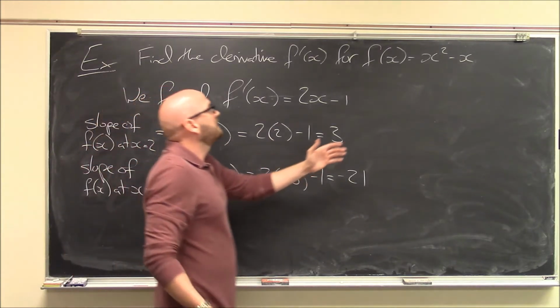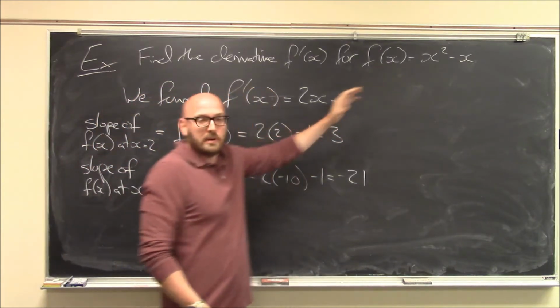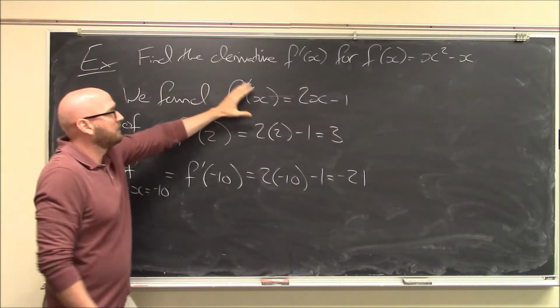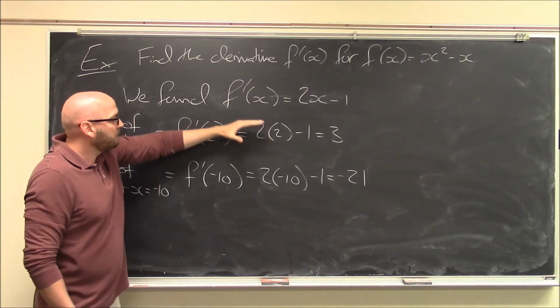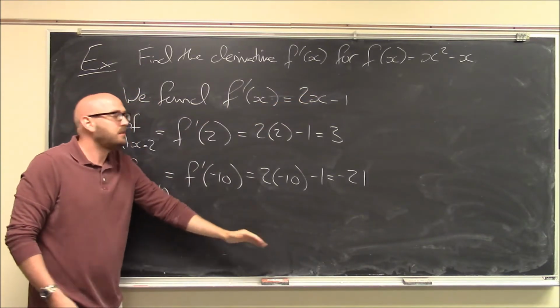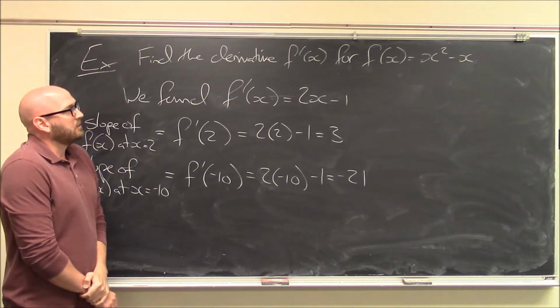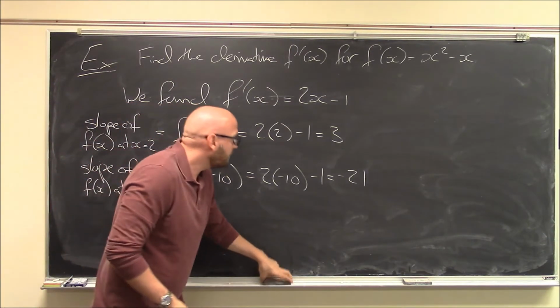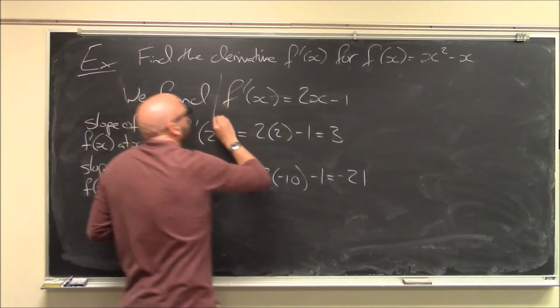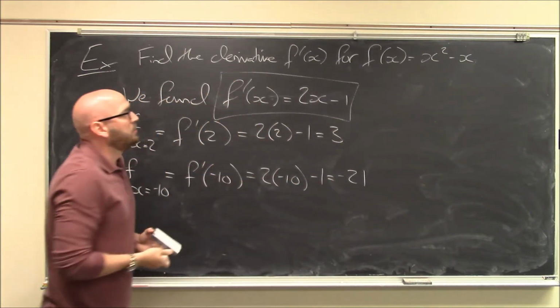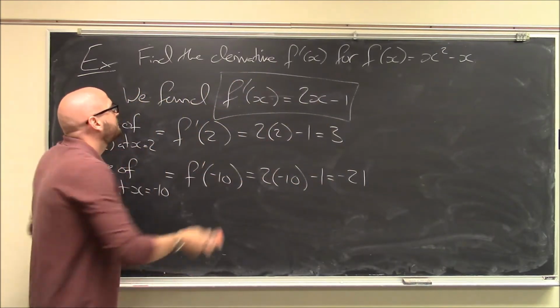Here, the big advantage is, once I've computed the derivative one time, I've got this function, now it's very, very easy to find the slope at any point that I want. So this is why derivatives are so nice. It saves us a lot of work by just coming up with one function to give us the slope at any point that you want.